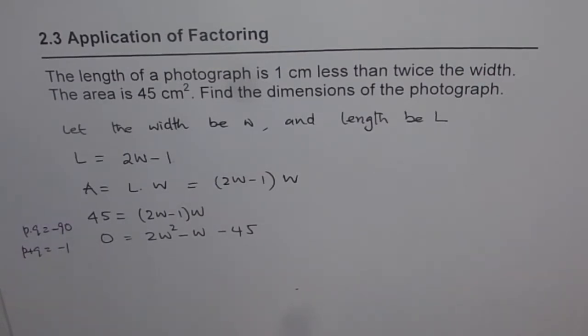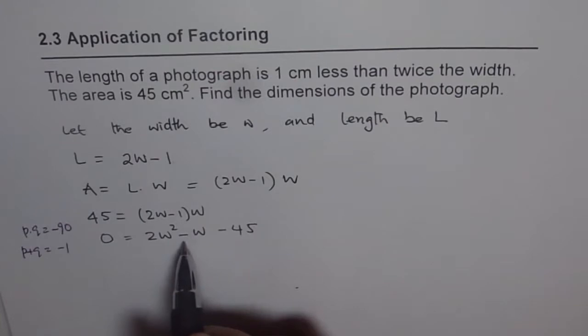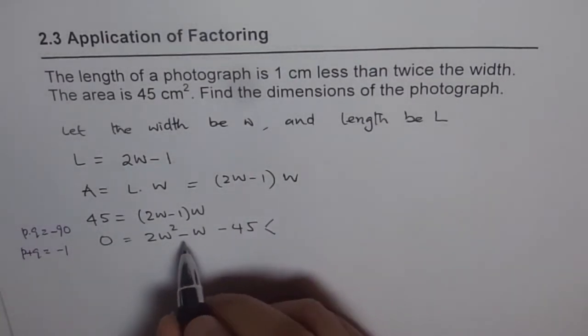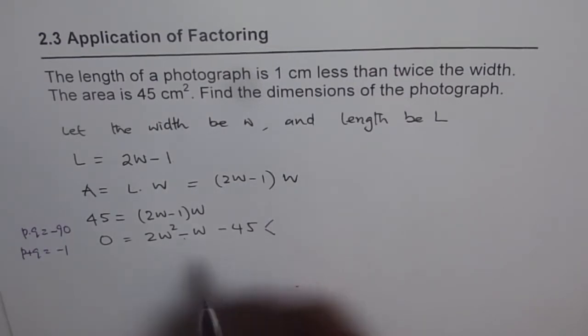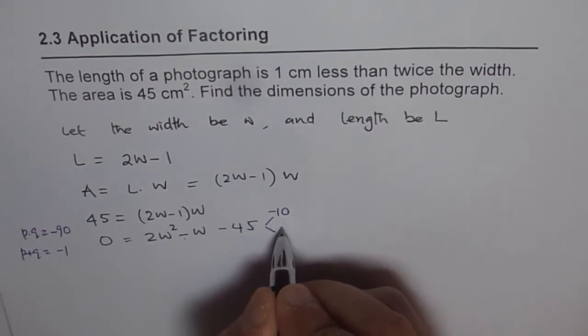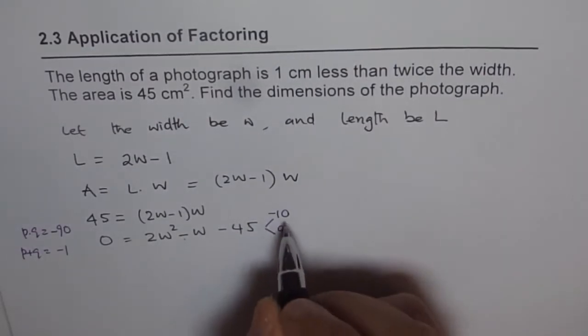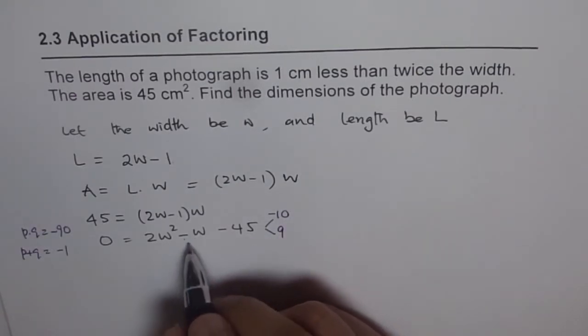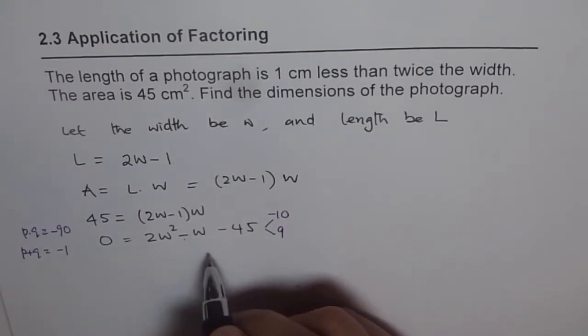So the two numbers are very close to one another. Therefore the difference is just 1. So these numbers should be 10 and 9 for us. Since we add them to get negative, the bigger number is negative. So it's minus 10 and 9, right? If you do minus 10 and 9, then you get sum as minus 1, right? That is how you could get it.